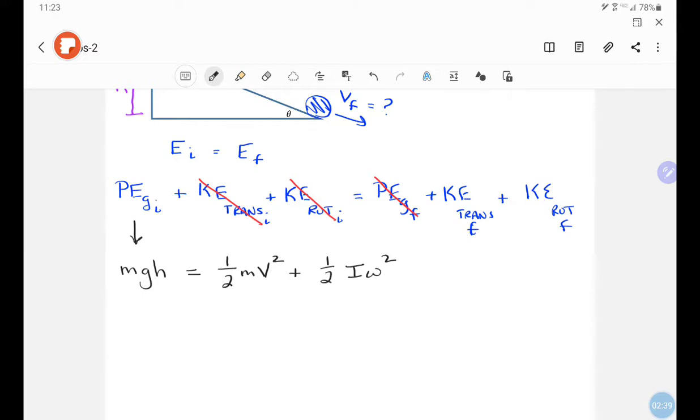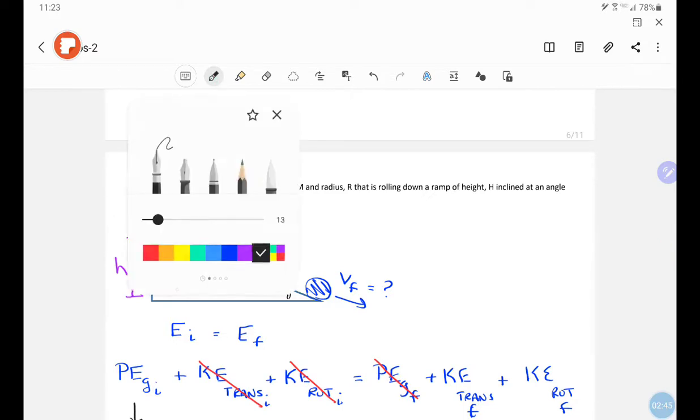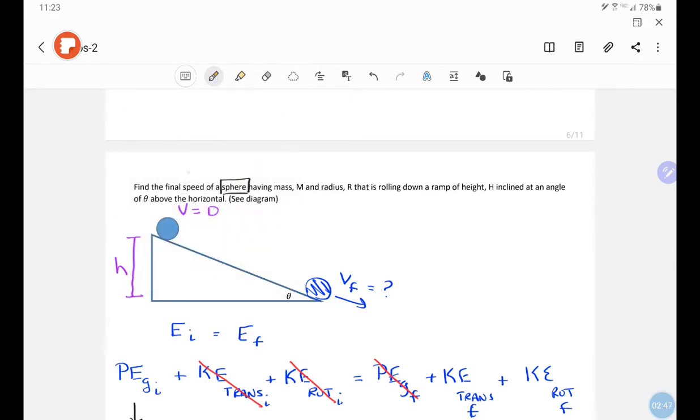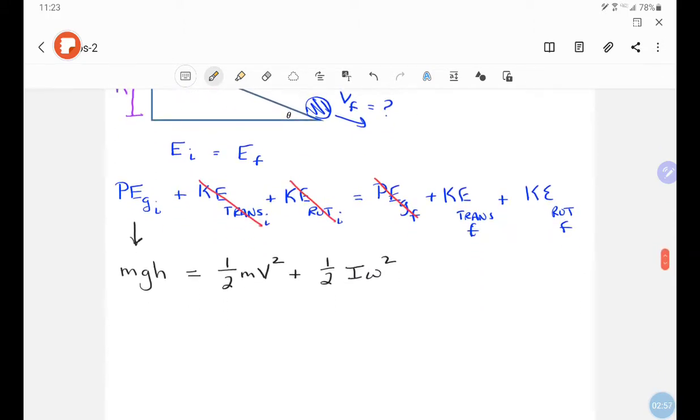Now, we're told in the problem that a sphere is rolling down the ramp, and if you will recall, the sphere has a moment of inertia of 2/5 mr squared. Taking that into account and also recognizing that omega can be written as v over r, let's see what we come up with.